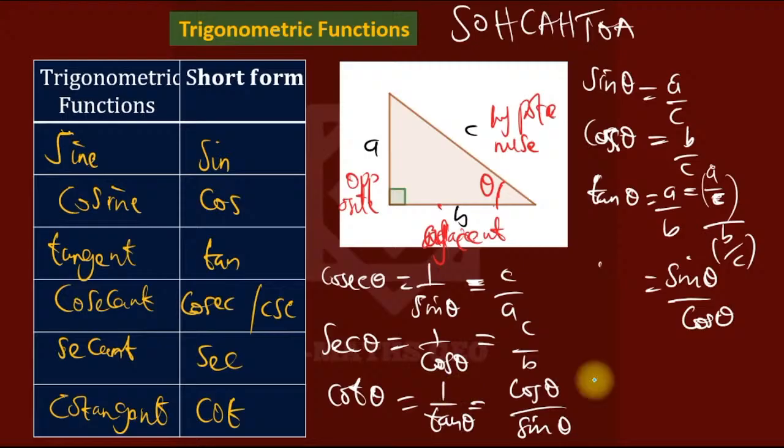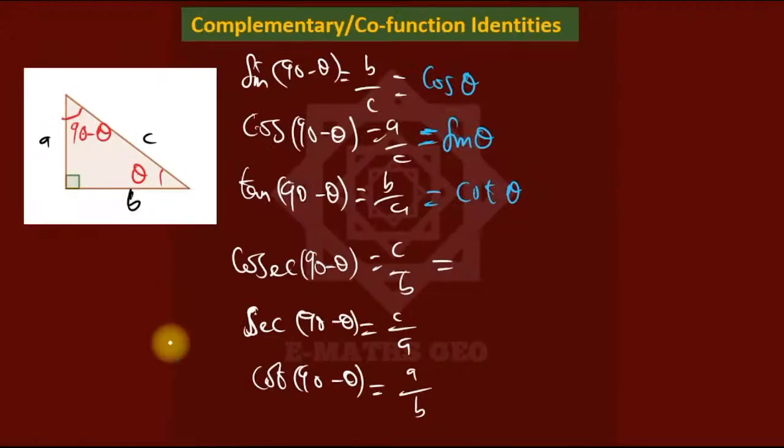Okay, I didn't even write one over it, so it should be B over A. So cot is A over B. So do you see? From here, cosec goes with sec theta, sec is cosec theta, cot is tan theta. So these are what we call complementary or cofunction identities. You see, we have six of them.